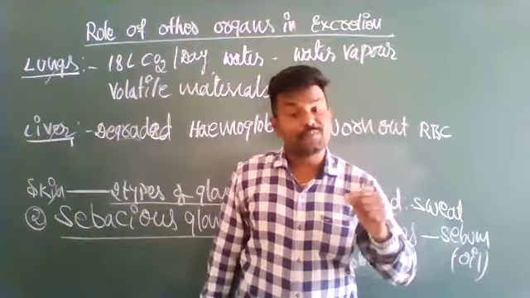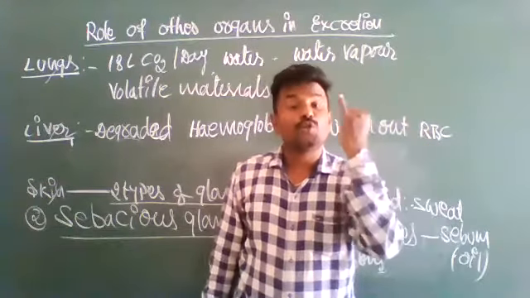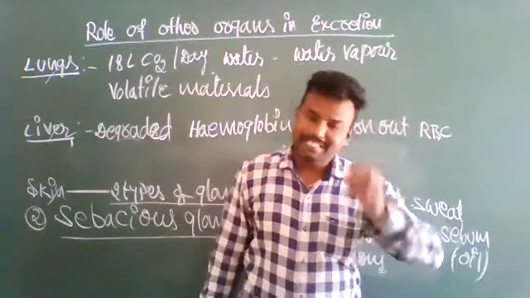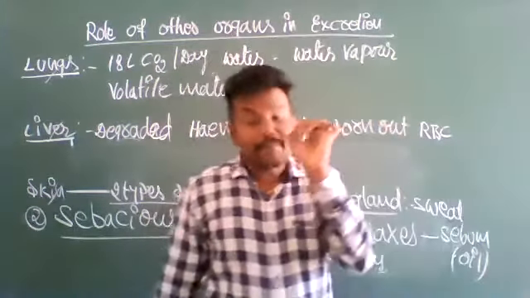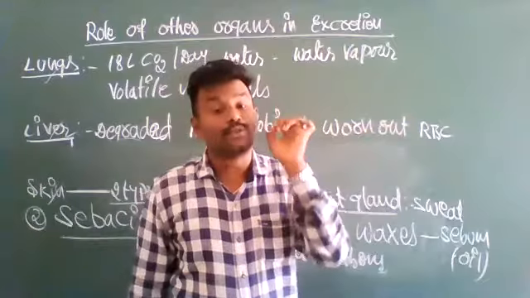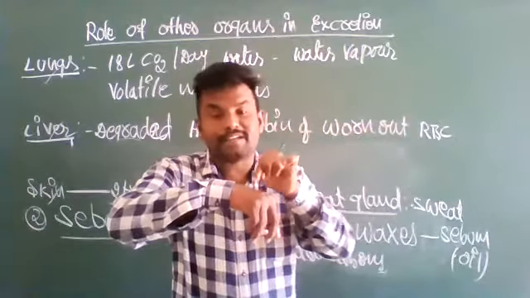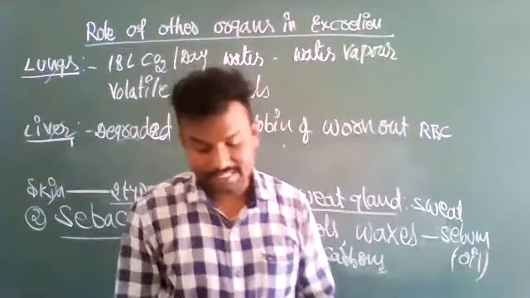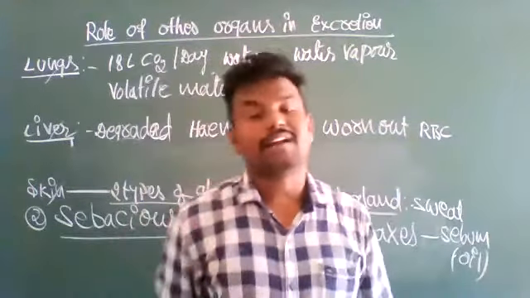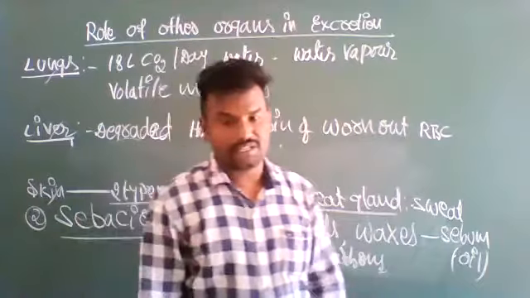Actually, nitrogenous waste materials are mostly expelled through urine, but a very minute quantity is also expelled through the skin. This is the role of other organs in excretion.